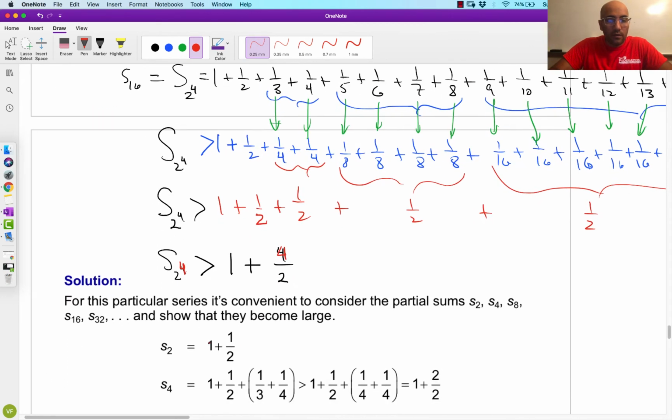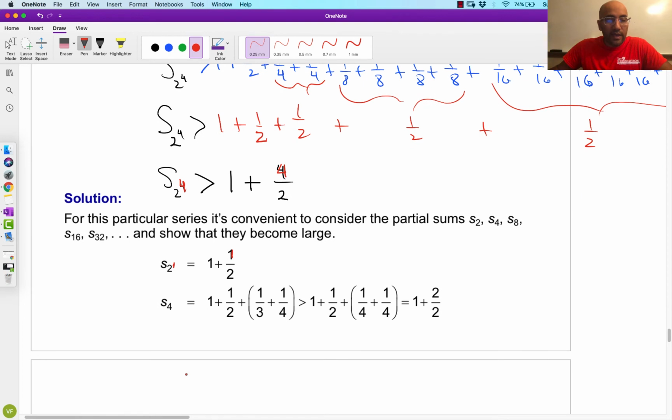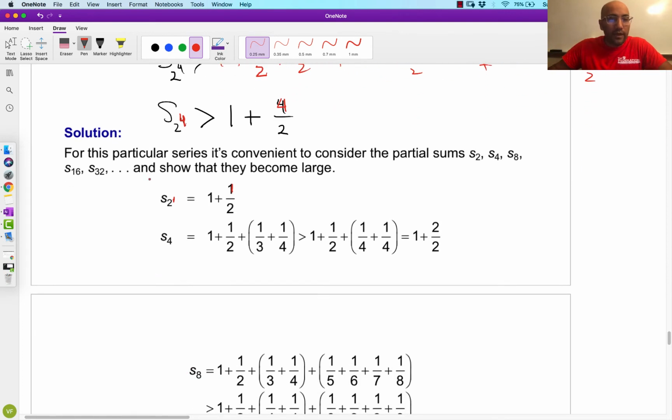Okay, so s sub 2 is equal to 1 plus 1 over 2. Okay, notice that this is the same thing as 2 to the power of 1, this little subscript here, and that matches this one. Then for s sub 4, this is the same thing as 2 to the power of 2, right?